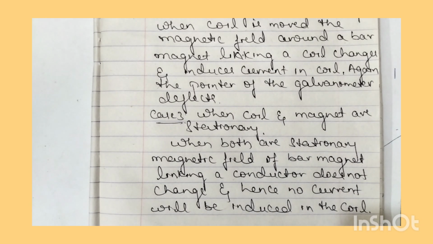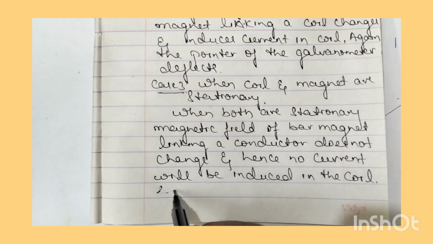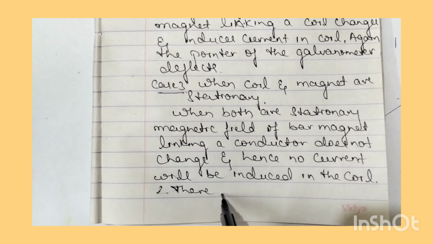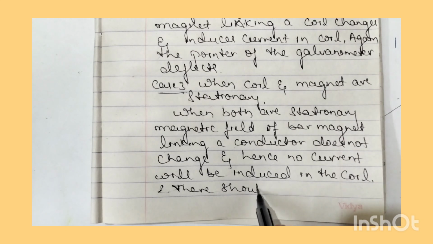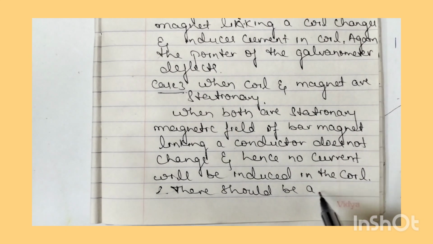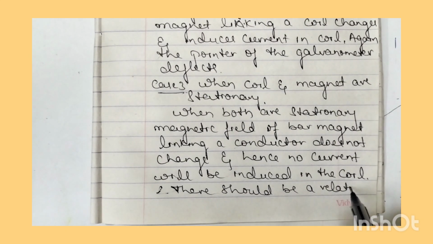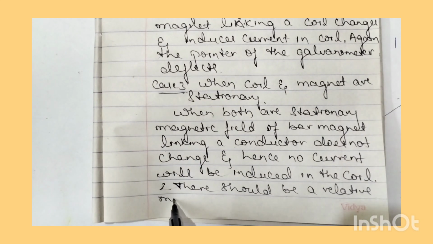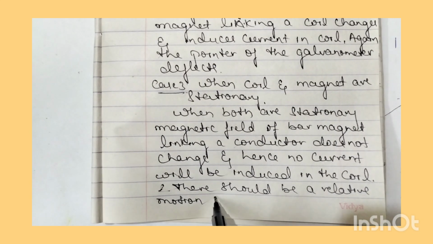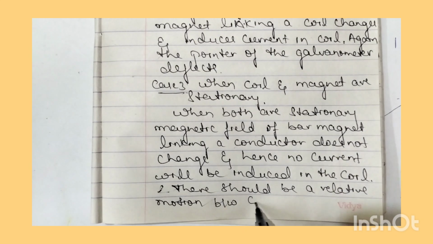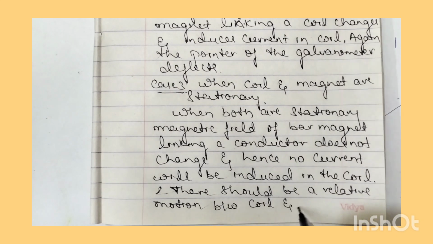So this is what we call the magnet and coil experiment. There should be a relative motion between coil and magnet.